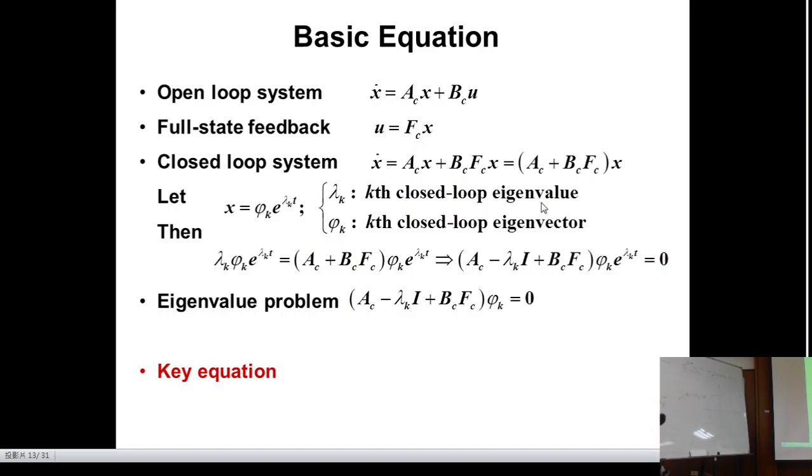Of course, you gotta be careful. When you assign, you want to assign to be in a stable region, right? So you can assign the closed loop eigenvalue for your system performance.